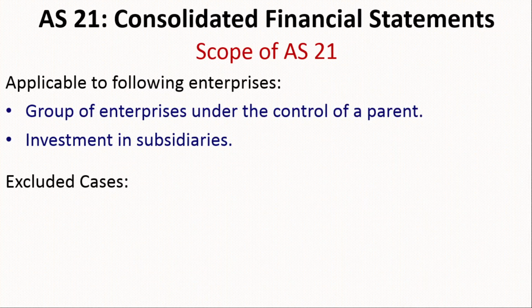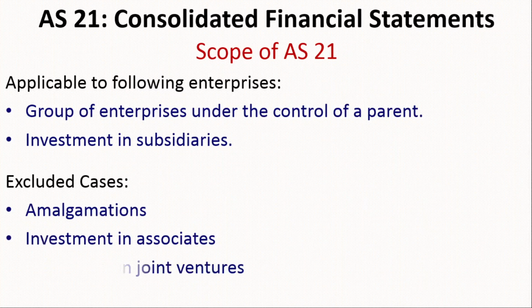And some cases are excluded from AS21, that is amalgamations, investment in associates, as well as investment in joint ventures. So these are three cases which have been excluded from Accounting Standard 21, that is consolidated financial statements. So this is the applicability, or we can say the enterprises to whom it is applicable.